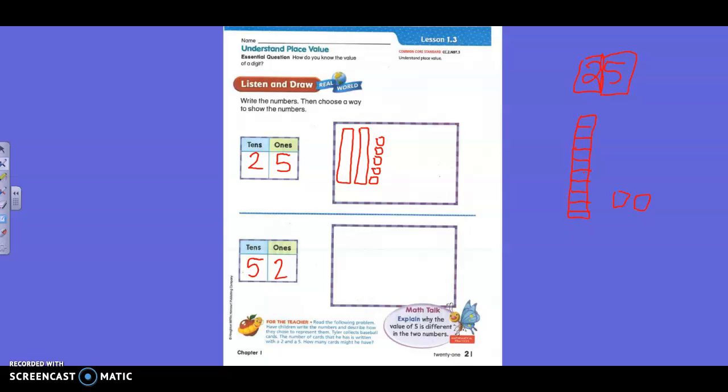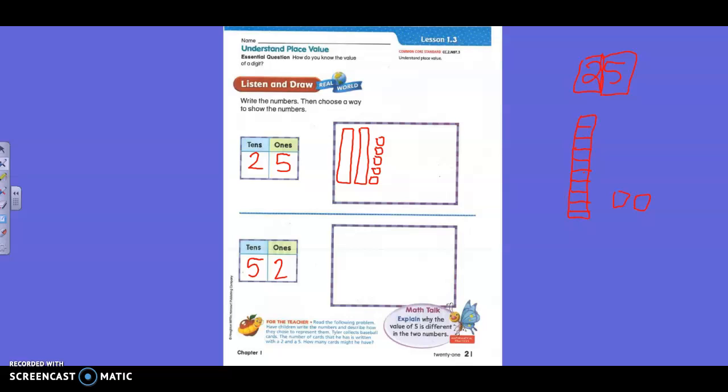Now let's do 52. I want you to show me or tell me how to draw 52 with our base 10 blocks that we're drawing. How do I draw it? 52. What would I do first, Nicholas?